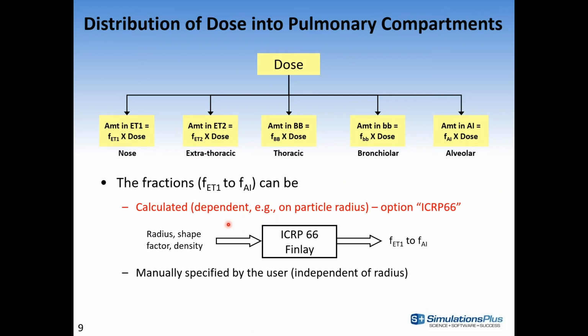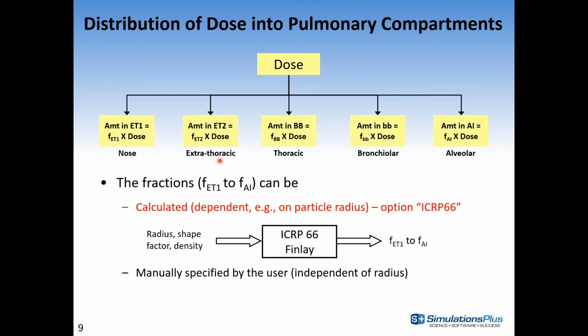Utilizing some of this formulation information, we then have choices within the program to use the ICRP66 method or one of the updated Finlay approaches to help us calculate the deposition fractions. And these deposition fractions are then going to be multiplied by our initial doses that were administered to help us describe the initial dose amount in each of the lung compartments.